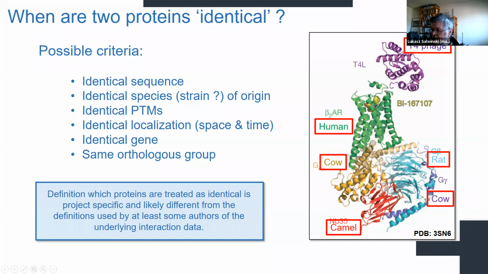So if molecules like that are listed, they might have to be removed from the further analysis. This is just an experimental aid. So you might stumble on molecules like that listed as interacting. They should be removed.